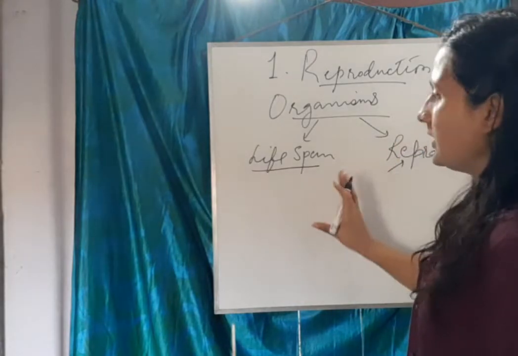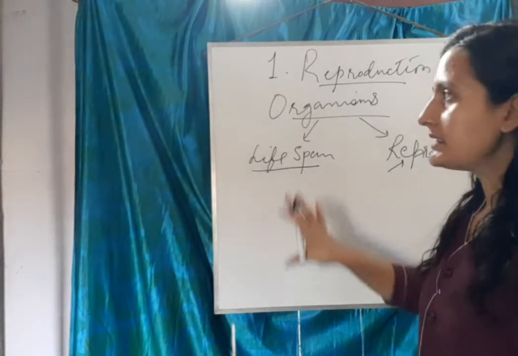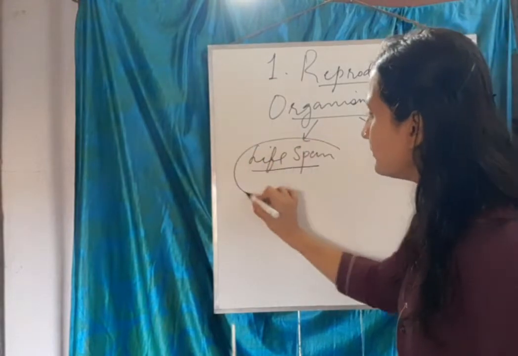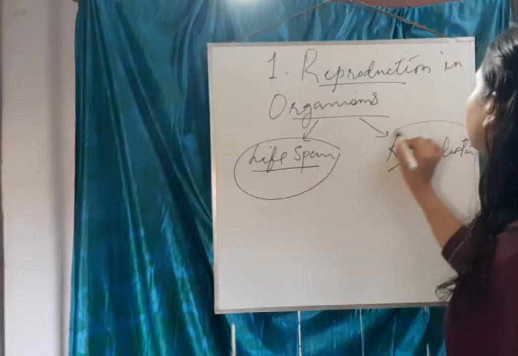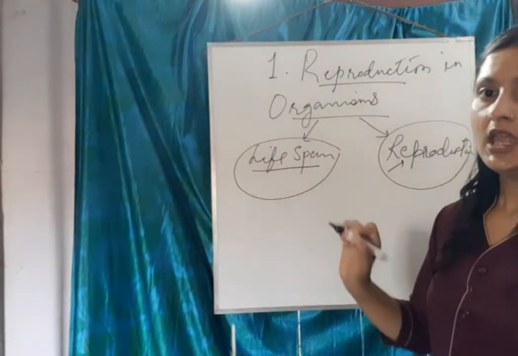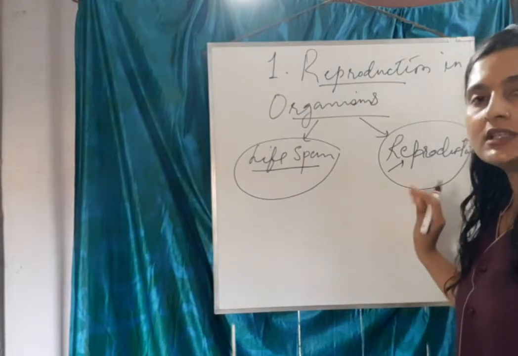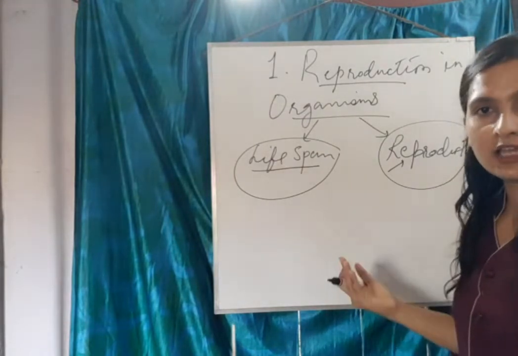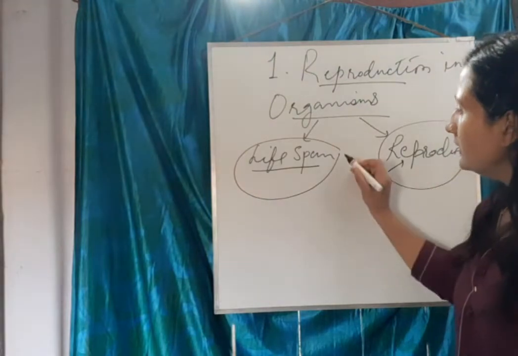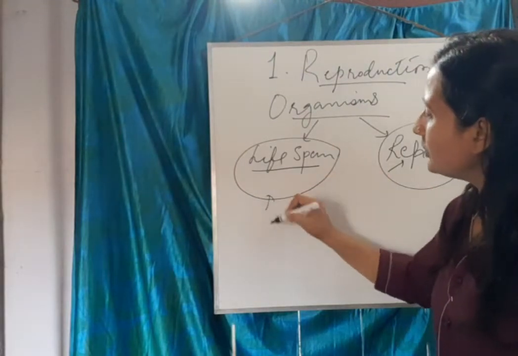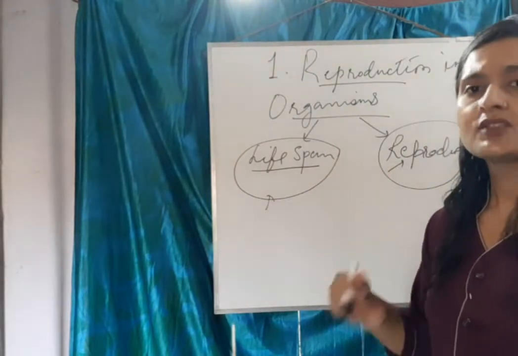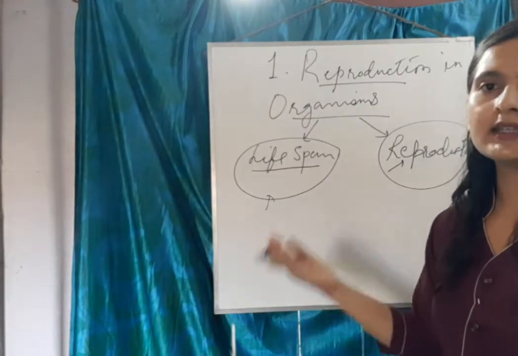This chapter is based on two phenomena: lifespan and reproduction. Before I explain what reproduction is and what its types are, I will explain what lifespan is. So let us try to understand what lifespan is.